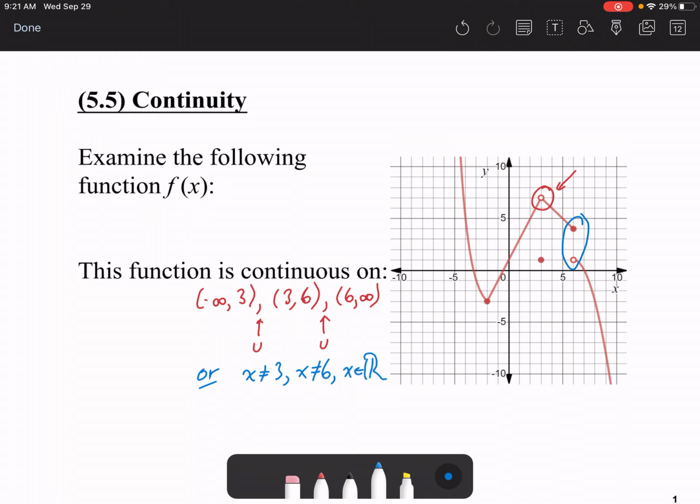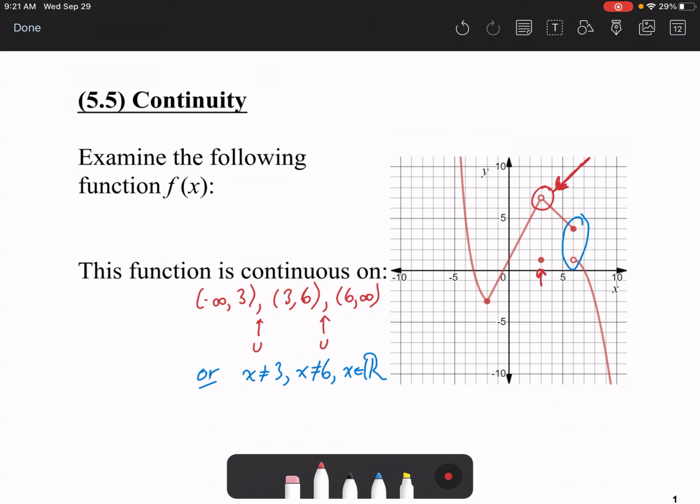Only when the limits are the same as they approach from the left and from the right do you get spots where you have discontinuity, okay? Although this limit right here does actually exist, the value at that point doesn't exist.